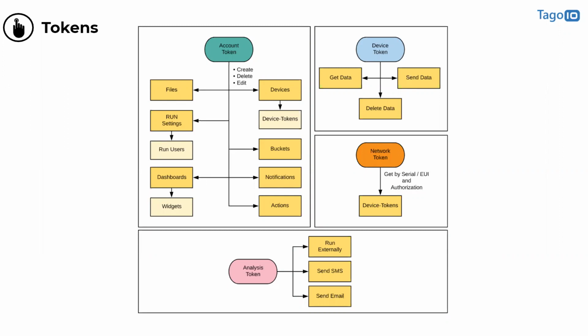So it's very common to use the account token to find your device, get the device token from that device, and next use the device token to access the data from the device. A lot of analysis examples do that, as I will show you later.